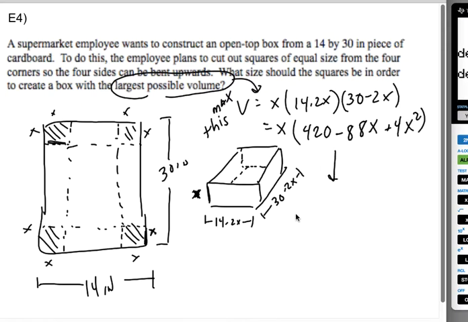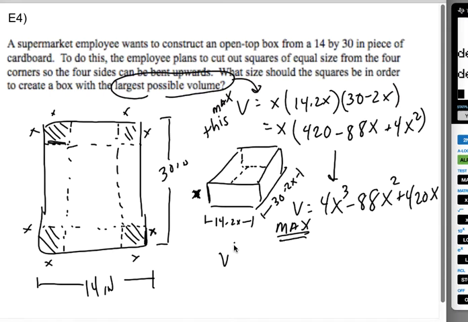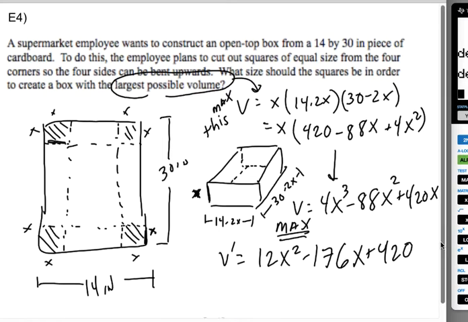So if I clean that up a little bit more, I get that the volume is a positive 4x cubed minus an 88x squared plus a 420x, right? So now, since I want to max this, I want to find the extrema, I need v prime. V prime is going to be a 12x squared minus a 176x plus a 420, right?